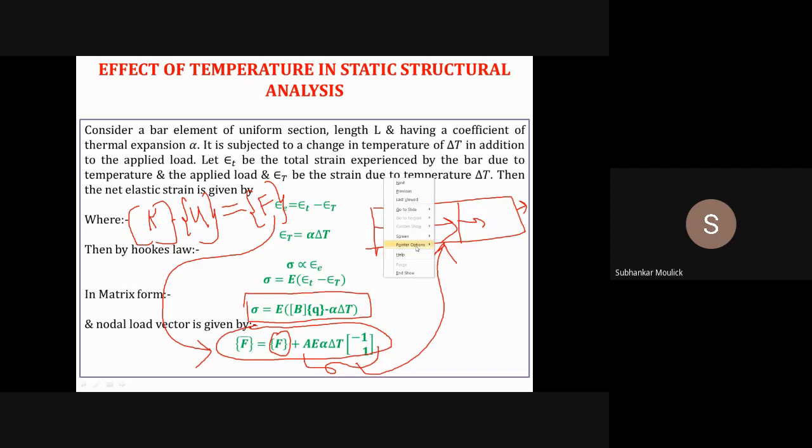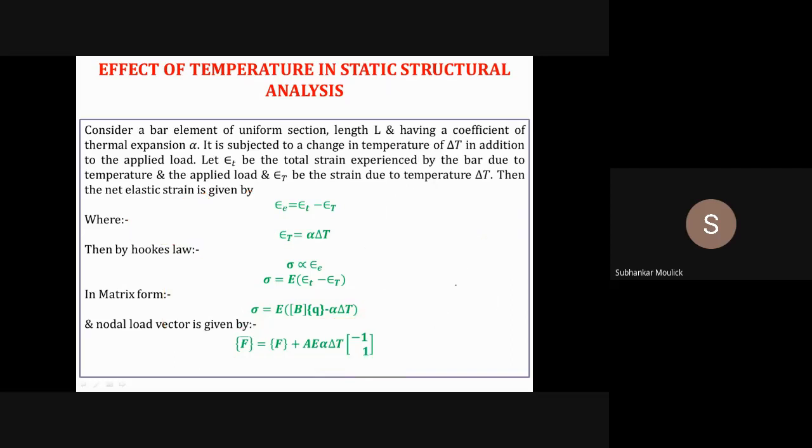So the final expression for the nodal load vector or force vector becomes F bar is equal to F plus A into E alpha delta T times a 2 cross 1 matrix, minus 1, 1.